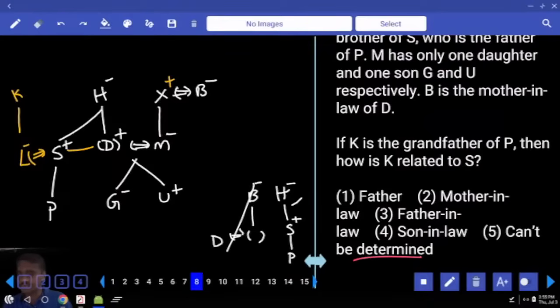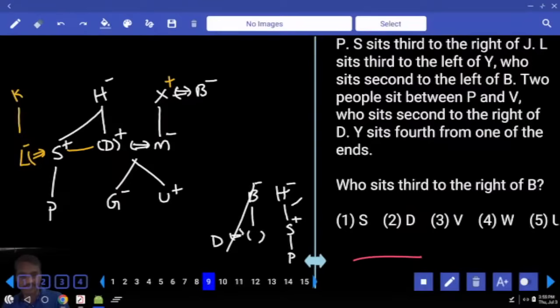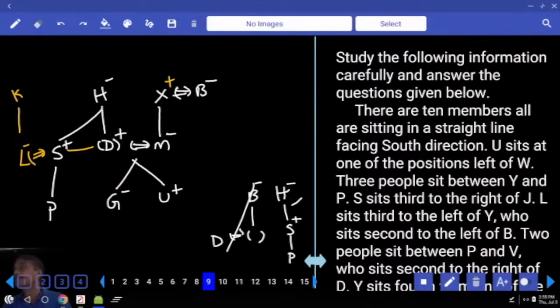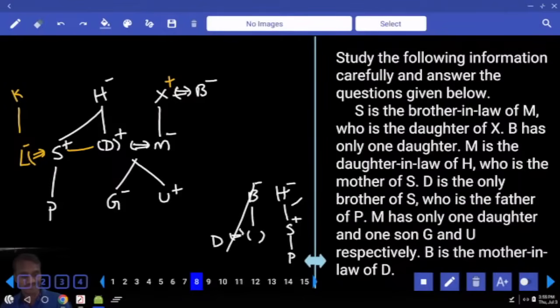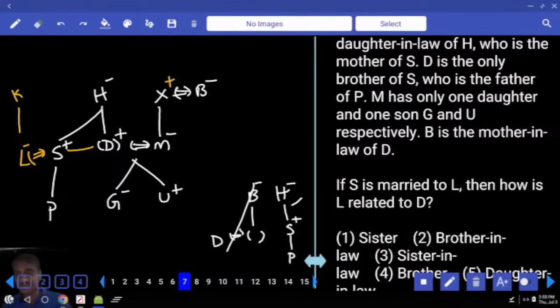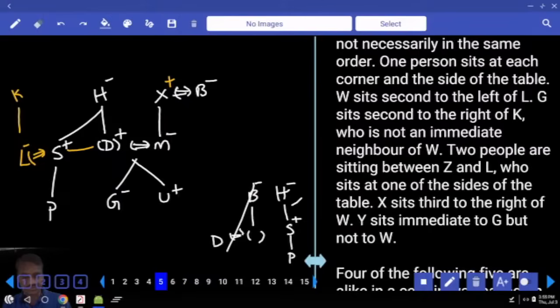The next one, question number 9 onwards. Second question. What did he give? S is married to L, he gave. Now question number 6 is finished.